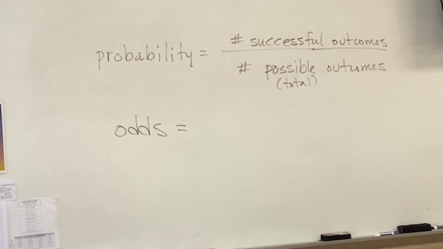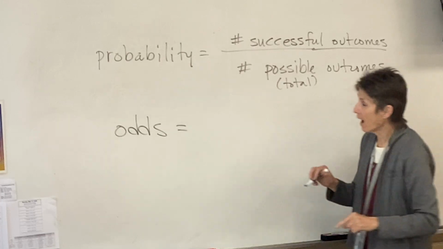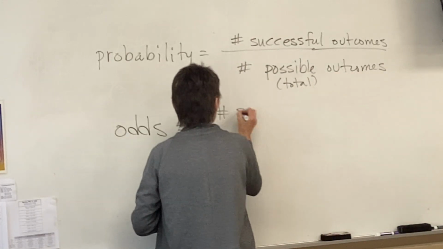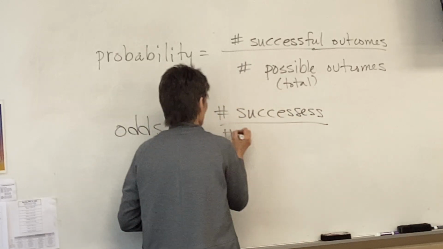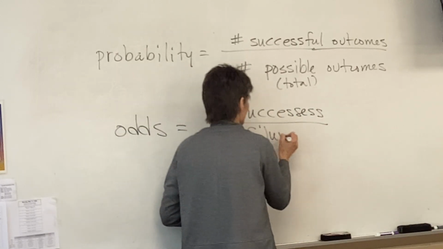Here's the difference. When you told me, I got my die, I'm gonna roll it, the probability of getting a 4 was 1/6. You are correct. The odds of getting a 4 are 1/5 because odds are the number of successes over the number of failures.